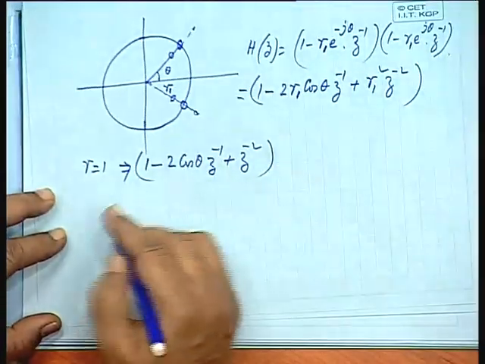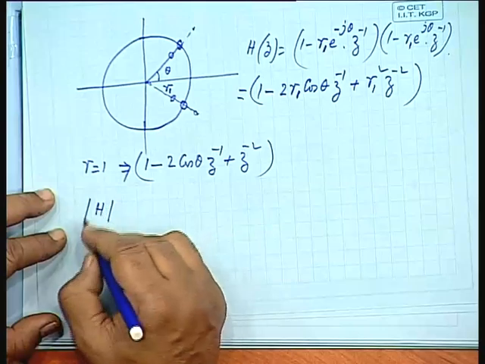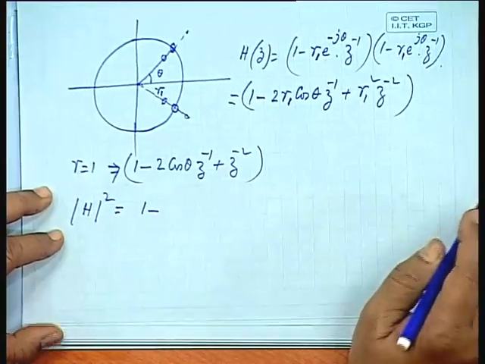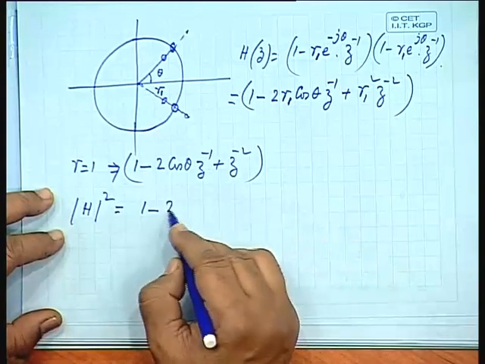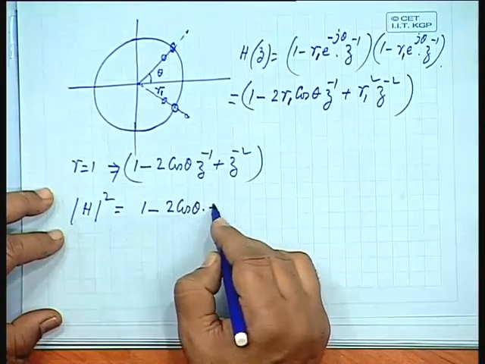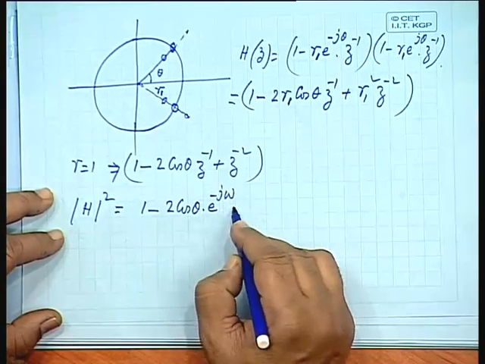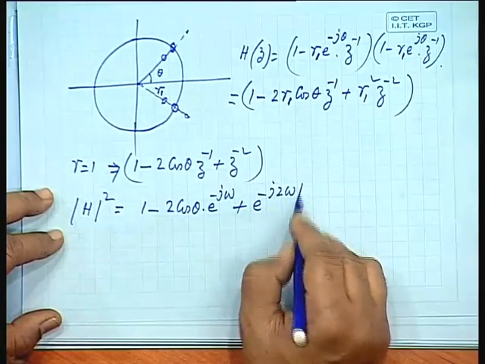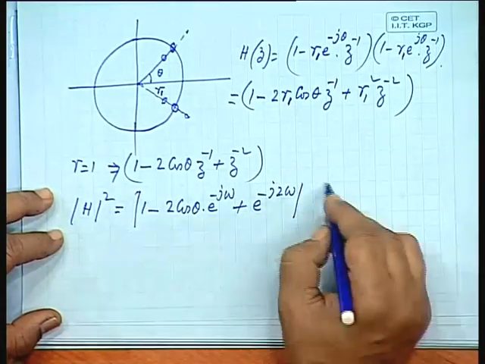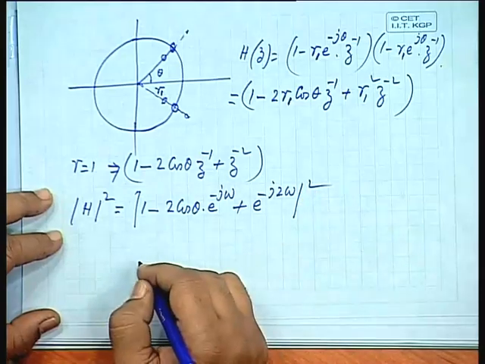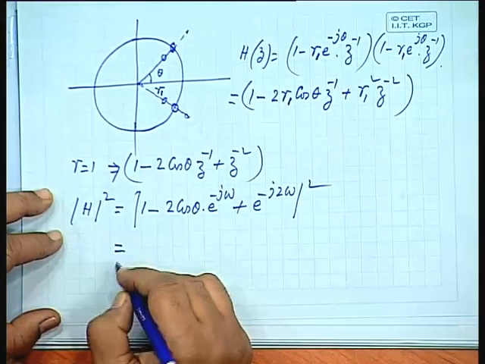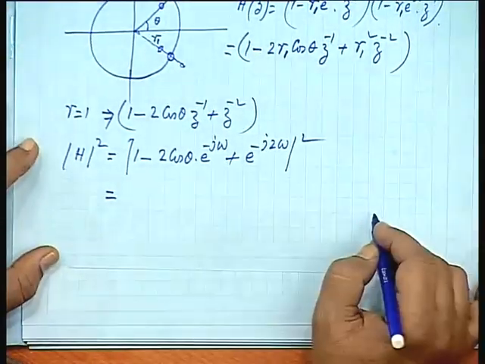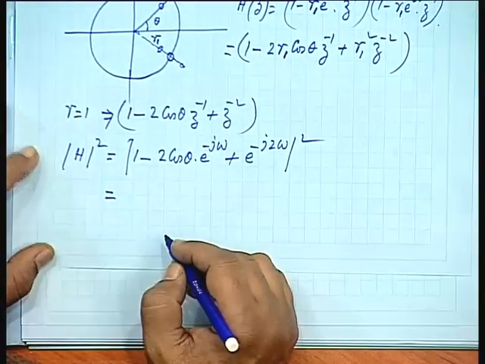So, how much is H magnitude squared? 1 minus twice cos theta e to the power minus j omega plus e to the power minus j 2 omega, this magnitude squared. Is that all right? How much does it come to?